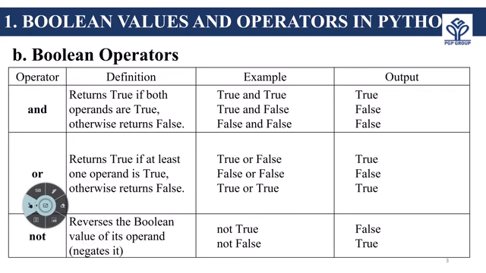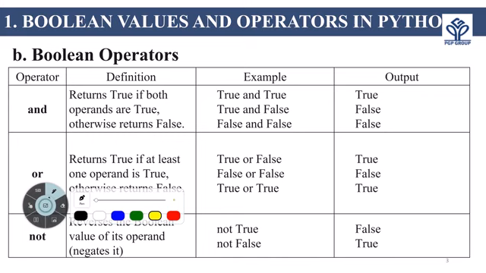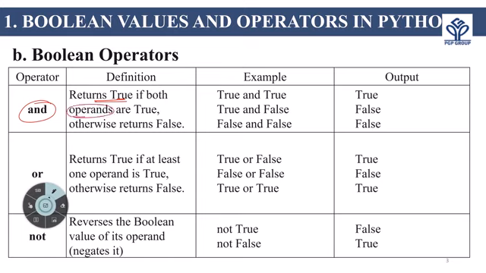Clear? Next, what are the operators we use in Python? First operator is AND. The definition of the AND operator is that it returns true if both operands, where operands refer to true or false, are true; otherwise it returns false.